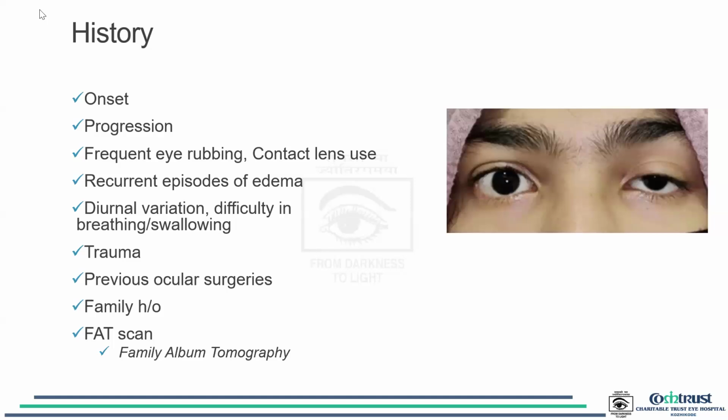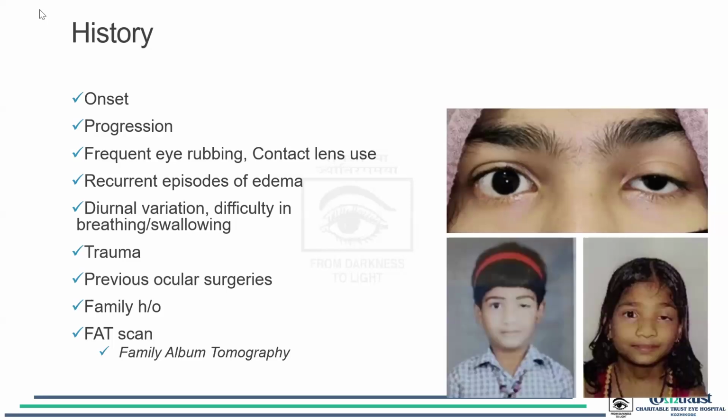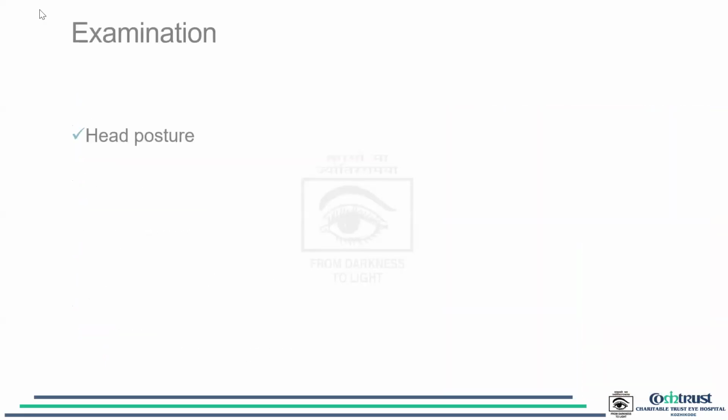So, what's a FAT scan? It's a family album tomography whereby you look at the serial pictures to find out whether it was always present or whether that patient has acquired it over a period of time.